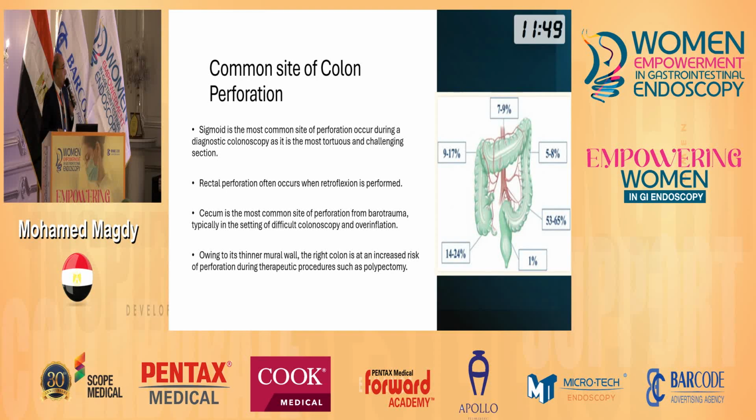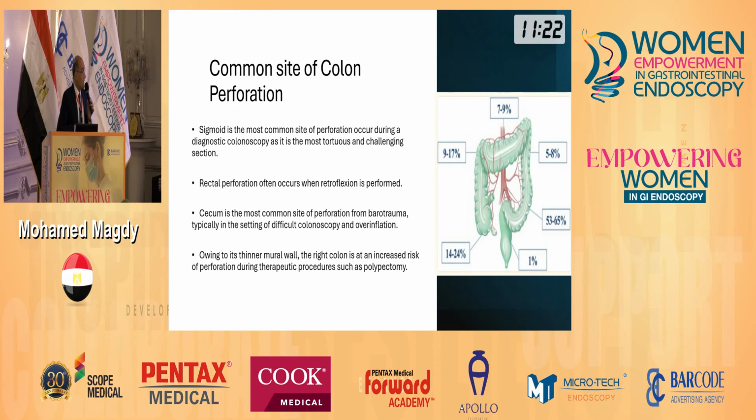There are different sites for perforation, and some sites are more susceptible, especially the sigmoid area due to its tortuosity and the difficulty of passing through it, so the risk is high. The rectum may also carry some risk, especially due to retroflexion in this area.